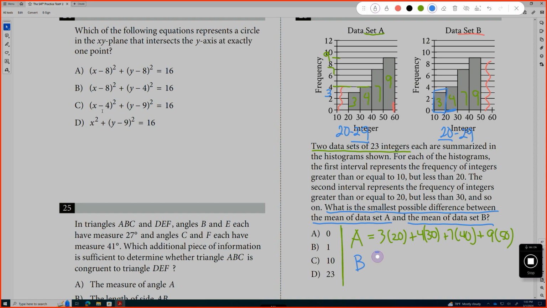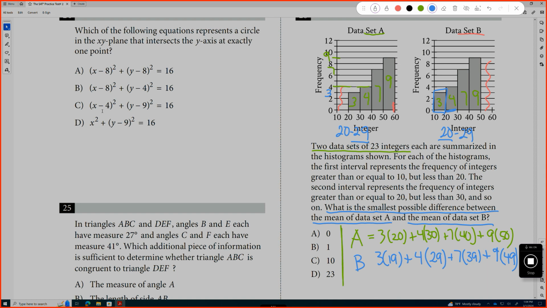So it's going to be 3 times 19 plus 4 times 29 plus 7 times 39 plus 9 times 49. That way you see the difference between the green and the blue is as minimum as possible.